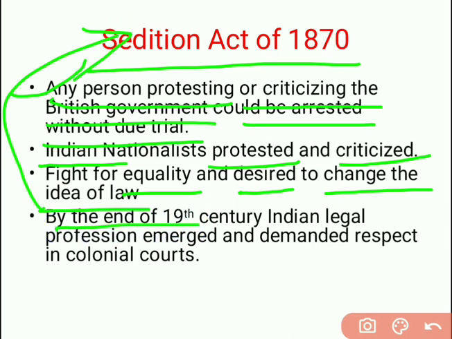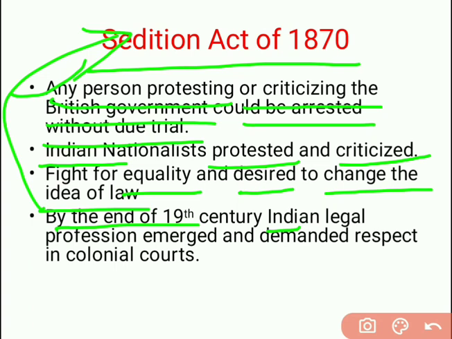By the end of the 19th century, Indian nationalists had contributed and played a major role in framing the rule of law in India. At the end of the 19th century, many Indian people got education in foreign universities.